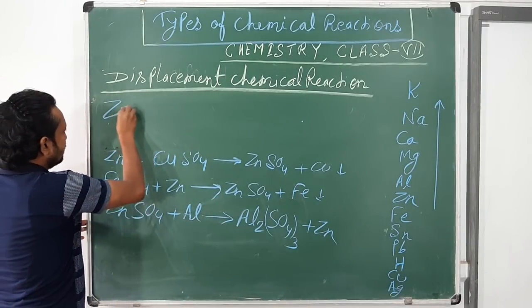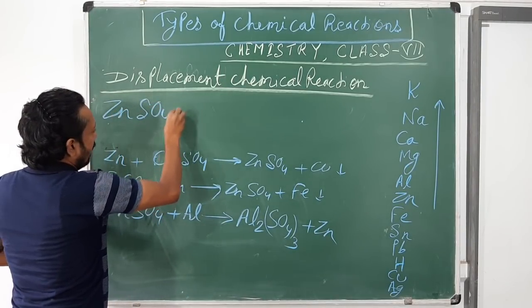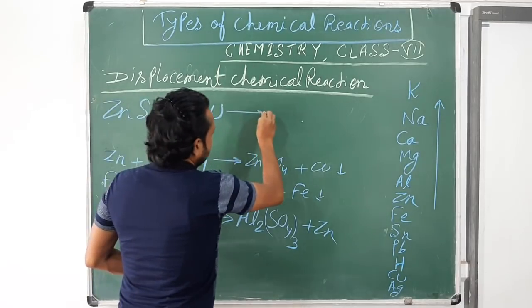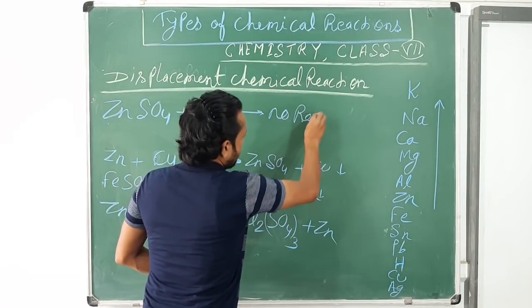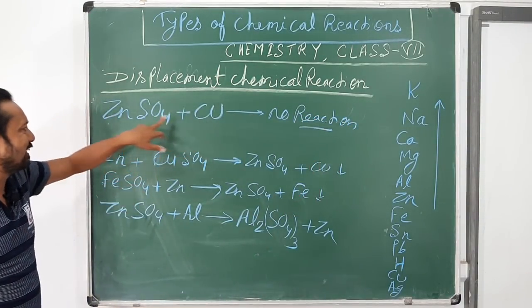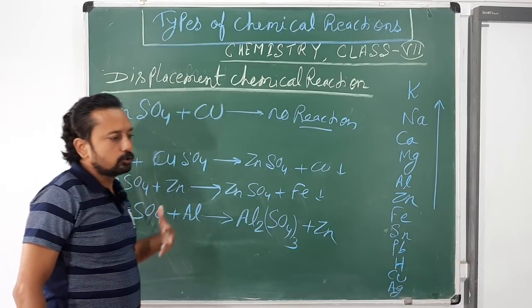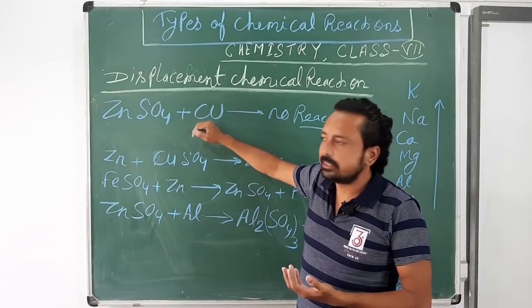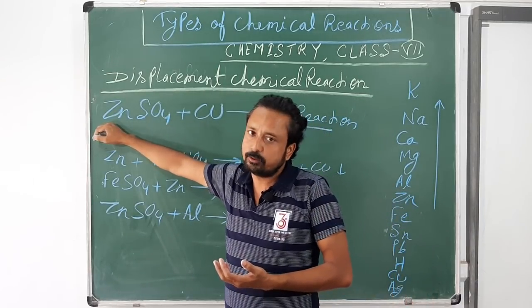Suppose we use zinc sulfate and dip a copper rod in this zinc sulfate solution, then there is no reaction, because the reactivity of copper is less and the reactivity of zinc is more. So it is not possible for a less reactive metal to displace a more reactive metal from their salt solution.